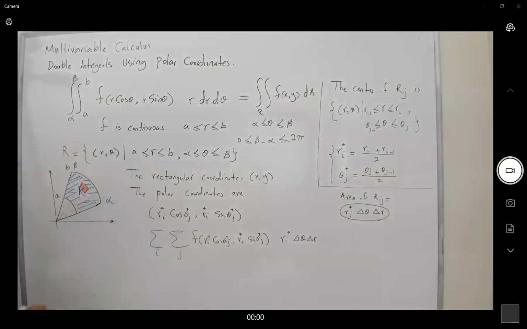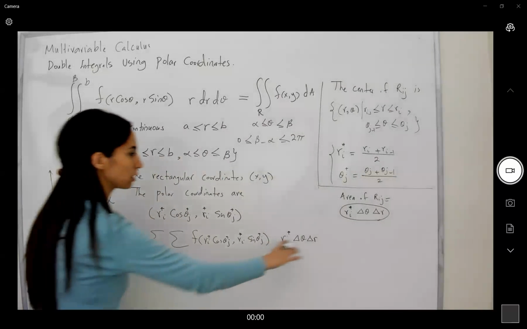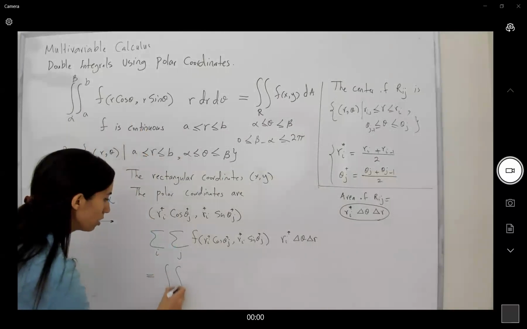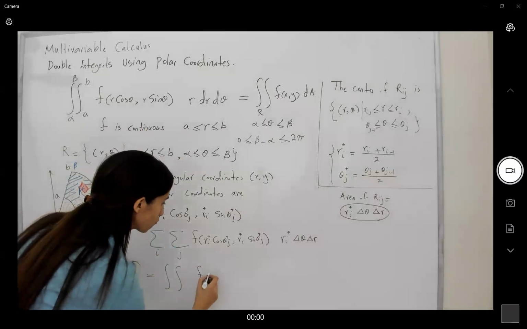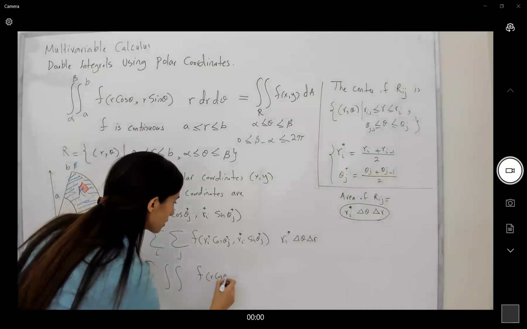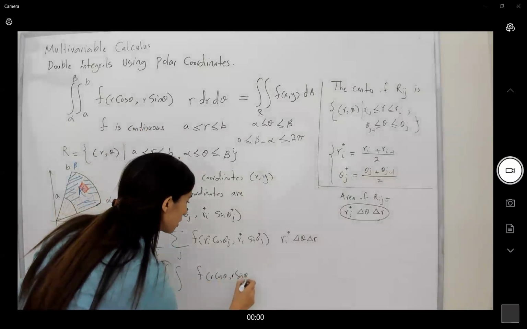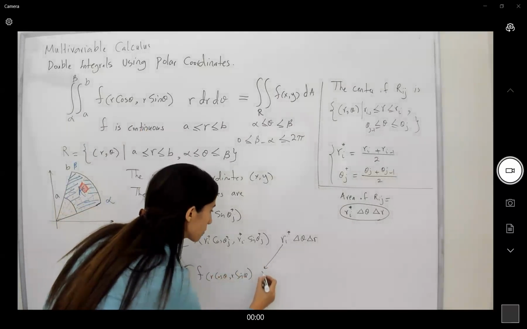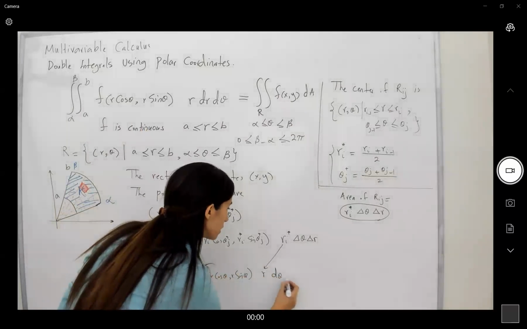Okay, you're finding these little volumes here, and now if you take the Riemann sum and take the limit, you actually get the double integral of f of r cosine theta, r sine theta. This r comes from here, r dr d theta.